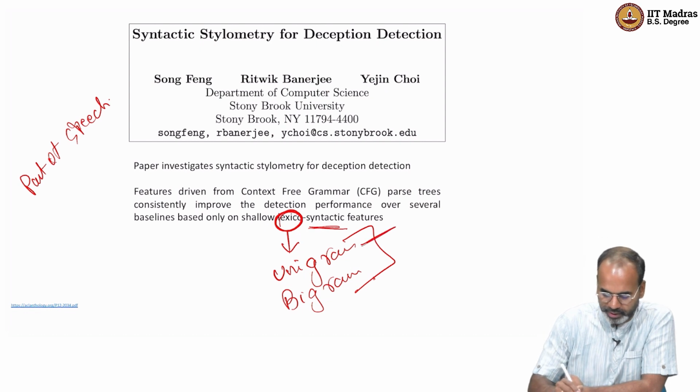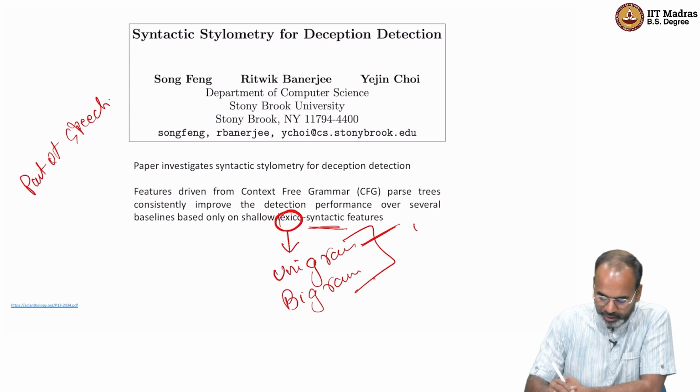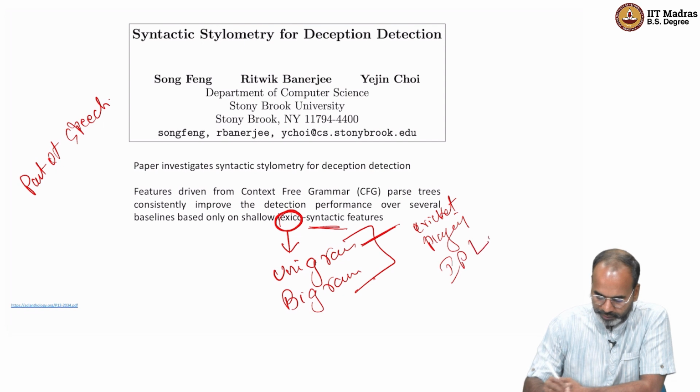Unigram, at the level of words, is nothing but counting all the words that are in the text. Let's say cricket, playing, IPL, all of that. Bigrams will be two words.